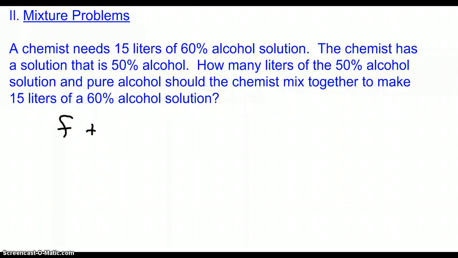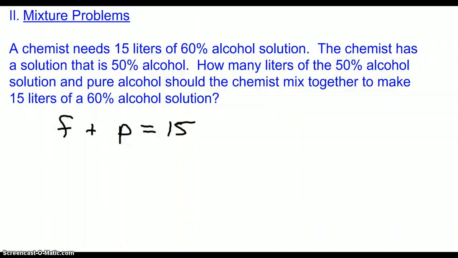Plus, he also has pure alcohol, let's call that P. So when we know how much of each of these he has, we will know that their sum is 15 liters. Okay, so we don't know how much he needs of each, but we know that when we add that together, it will total 15 liters.